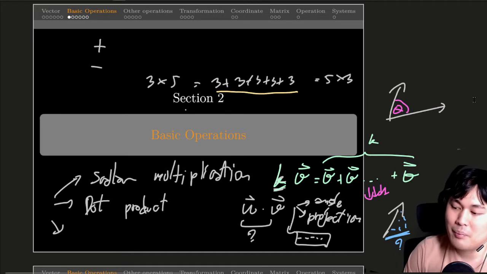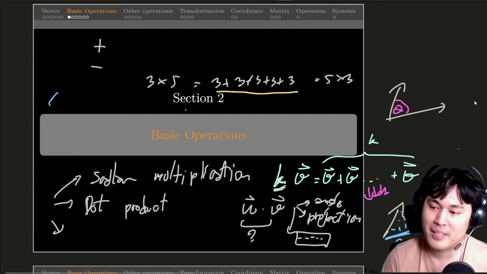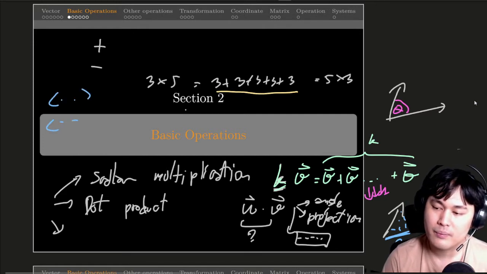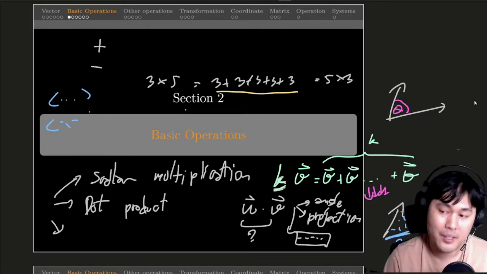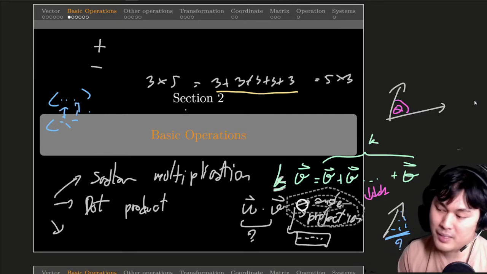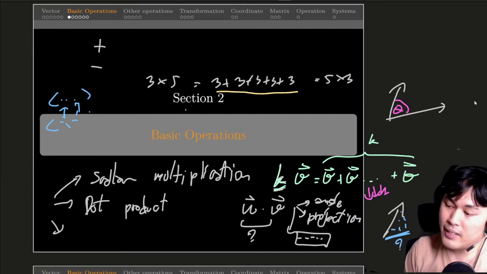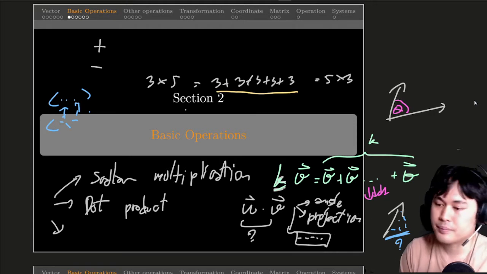What's the point of taking a dot product? Maybe because sometimes you just want to multiply these two numbers together. But most of the time, whenever you see a dot product, it should be related to either the angle or the projection of that vector.